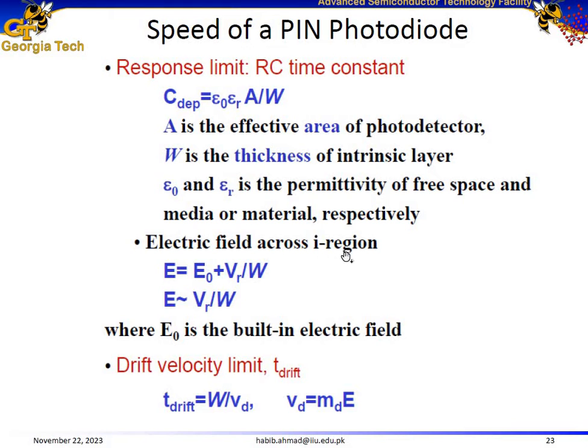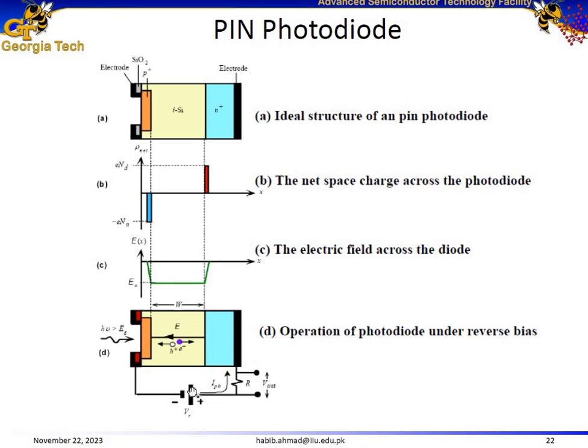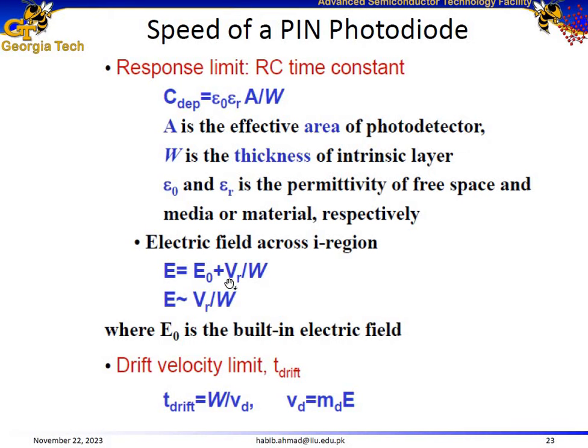Similarly, the electric field across the I layer in a PIN photodetector would be equal to the built-in electric field plus the electric field as a result of the reverse bias voltage, since we run this configuration under reverse biasing. Generally, the electric field as a result of the reverse biasing is much higher as compared to the built-in electric field. So we can assume that most of the electric field comes as a result of this reverse biasing, where E0 is the built-in electric field.